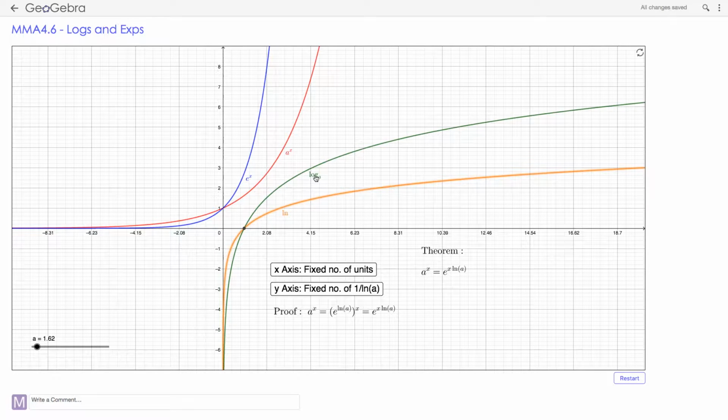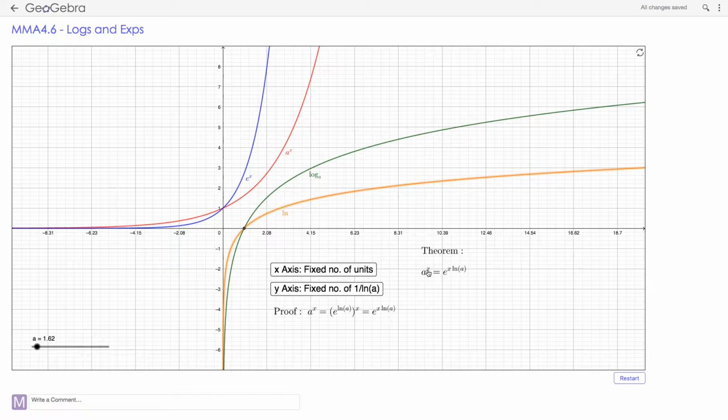In fact, I think I have mislabeled these two and these two. Anyway, what I'm trying to illustrate here is that you can find a to the power x by just knowing e and ln of a.